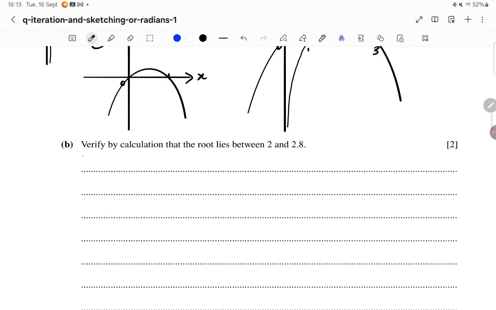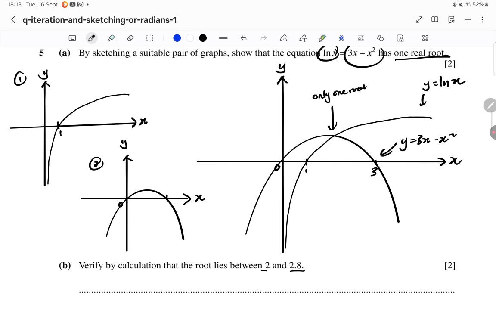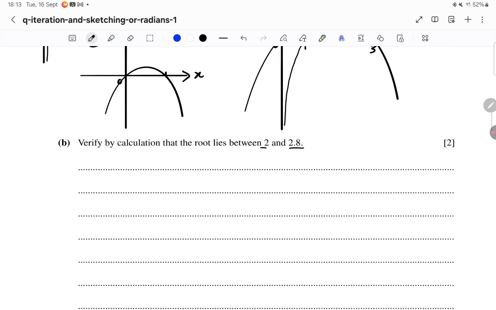So over here they asked to verify by calculation that the root lies between 2 and 2.8. Okay, so in the first part of this iteration series, I actually talked about these questions. So all you're going to have to prove is that it's going to change from positive to negative or negative to positive.